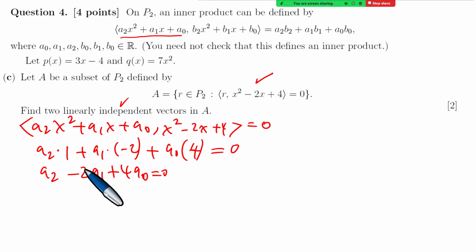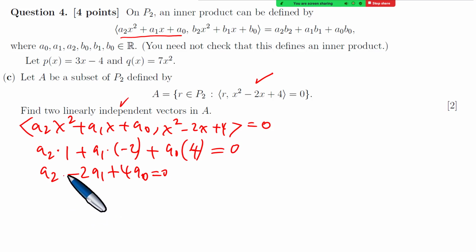We want to find the value of A2, the value of A1, the value of A0. But what are you able to see? You can't solve this equation and get unique solutions here.